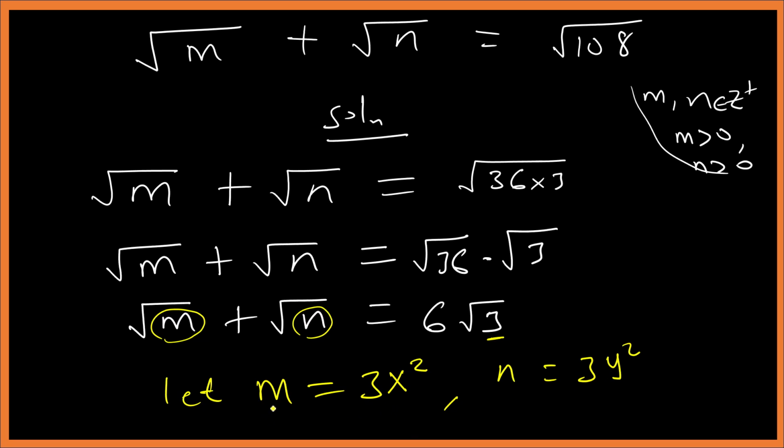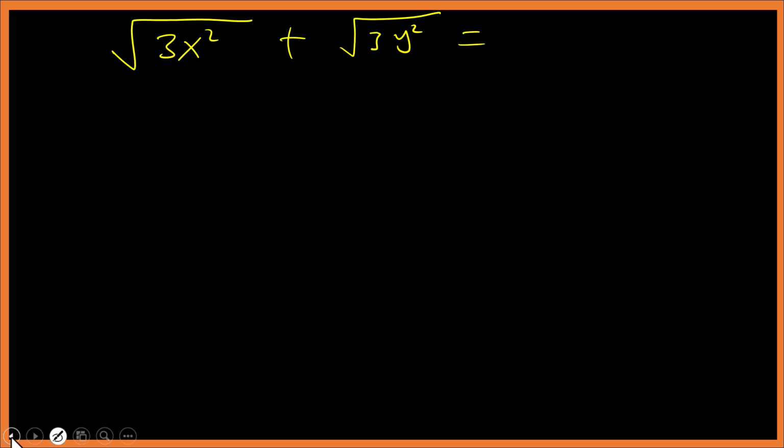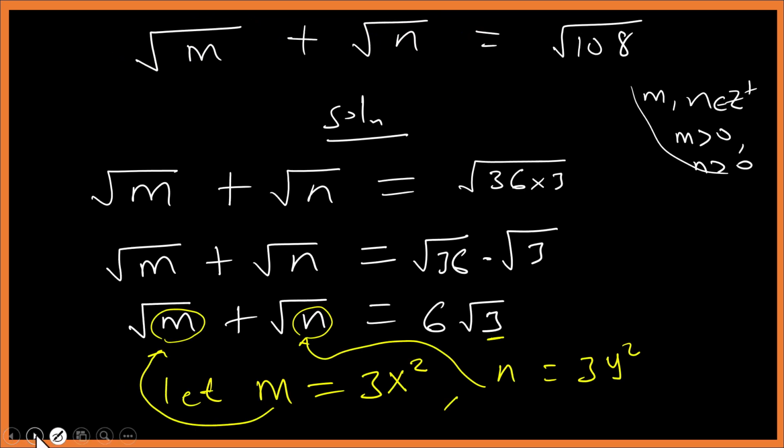So from here we can do substitution. Alright, so square root of 3x squared plus square root of 3y squared equals, let me check, 6 root 3.